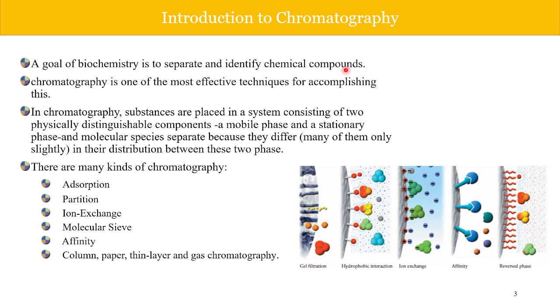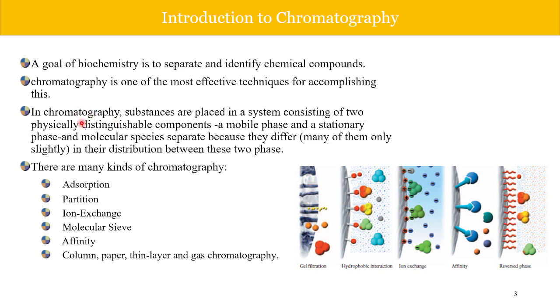So you have a mixture of, say, three biocompounds, and you're asked to separate them. That is the goal of biochemistry: separation. Now, chromatography is one of the most effective techniques for accomplishing this. Chromatography helps us in separating these mixed compounds into the different parts.